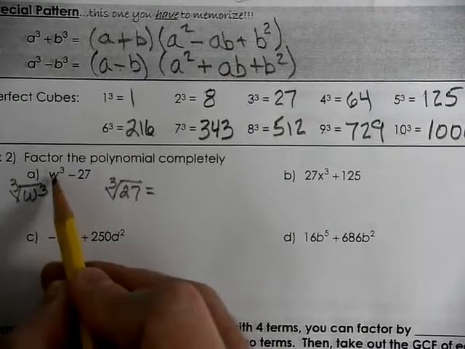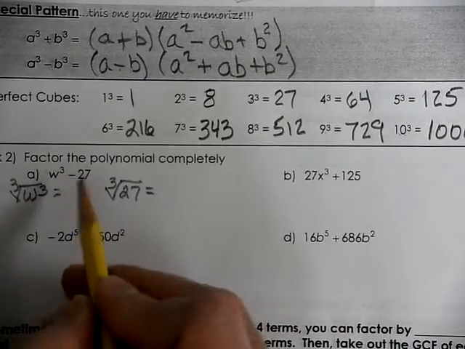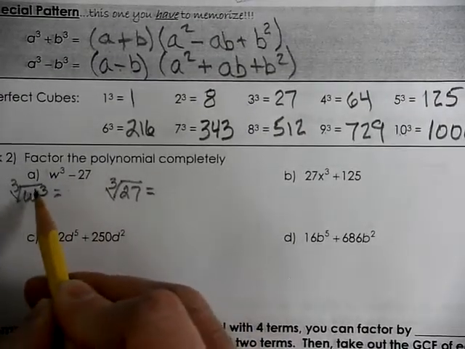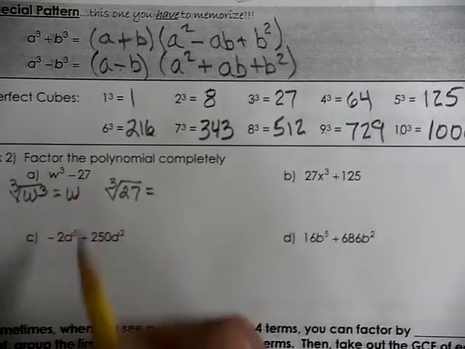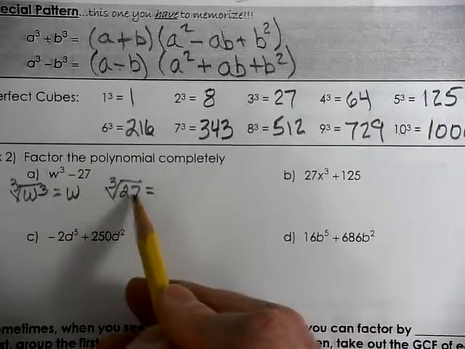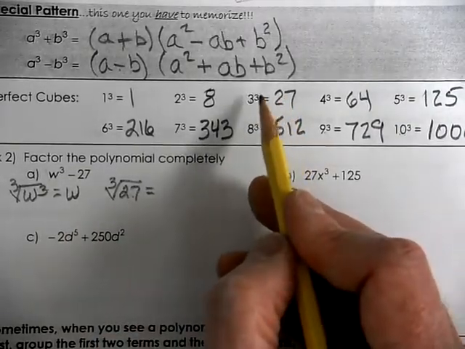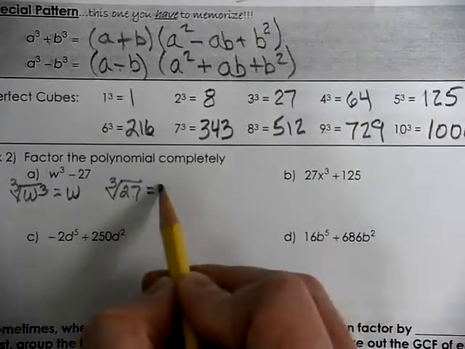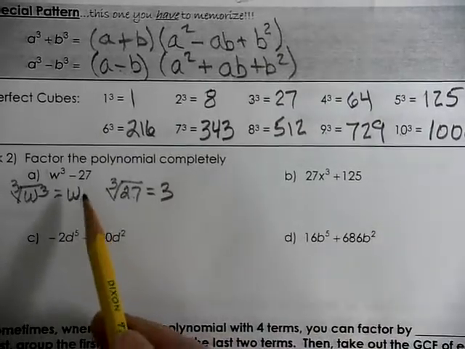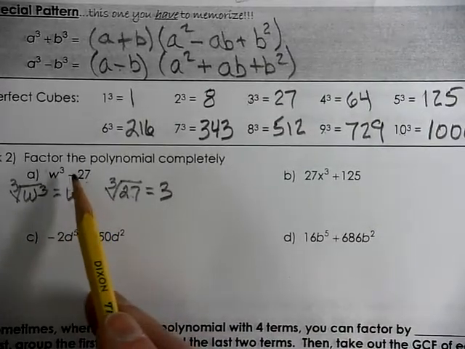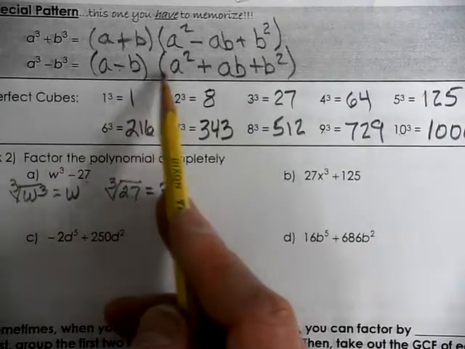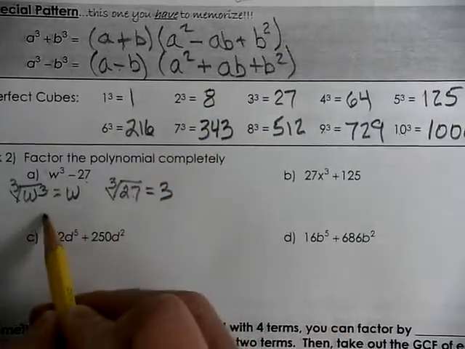What's the cube root of this term? What times what makes W cubed? W. What times what makes 27? So now we notice that this is a perfect cube and that's a perfect cube, and we're doing the difference. So we're going to use this pattern here.